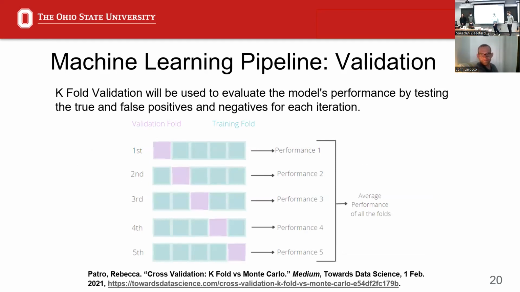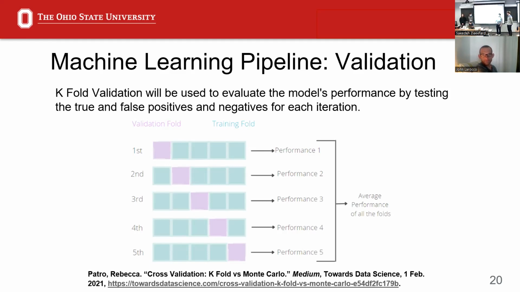Then 4 of those pieces are used to train a model that has never looked at the last piece. The model is then tested on the last piece to derive some performance metrics. Then you iterate and rotate which group is the testing group and which are the training groups until you have moved through all 5 sections, deriving multiple performance metrics.